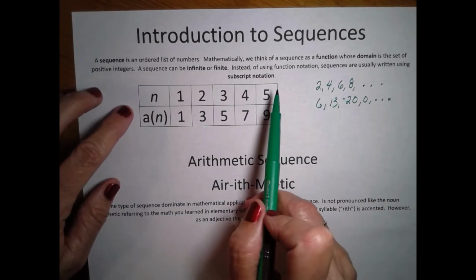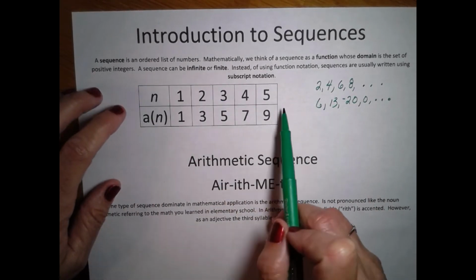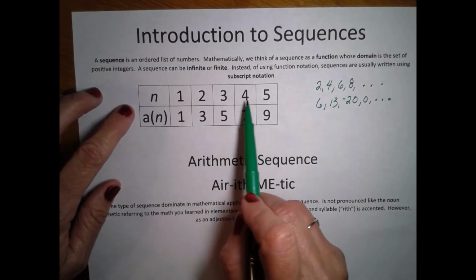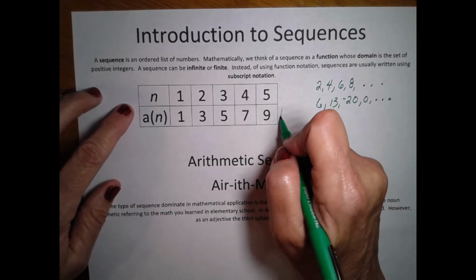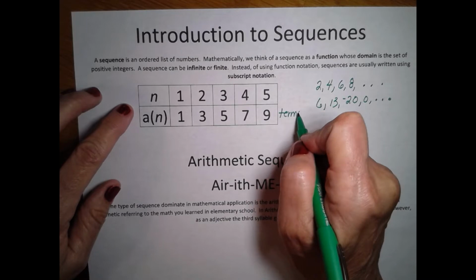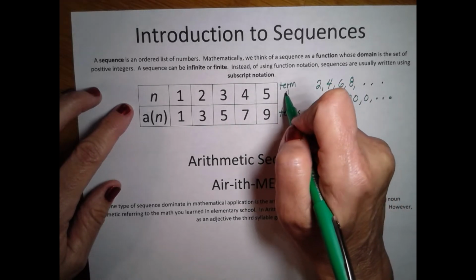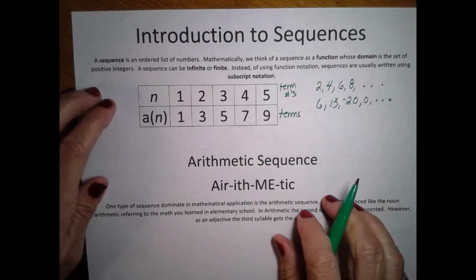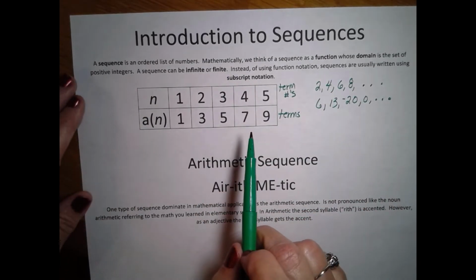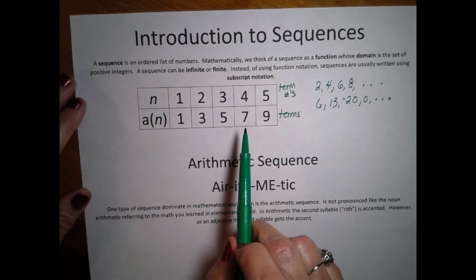Let's look at this finite sequence in the table. I have 5 terms. Here are my terms, and here are my term numbers. Normally, sequences are written in subscript notation.